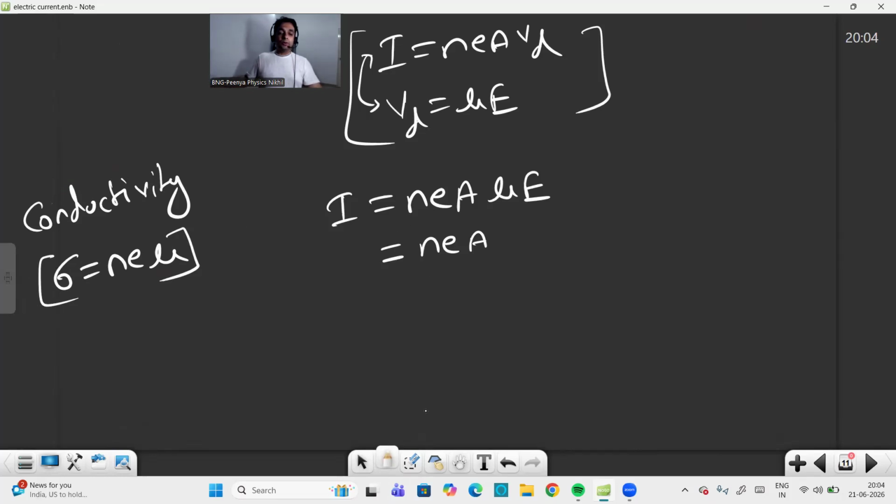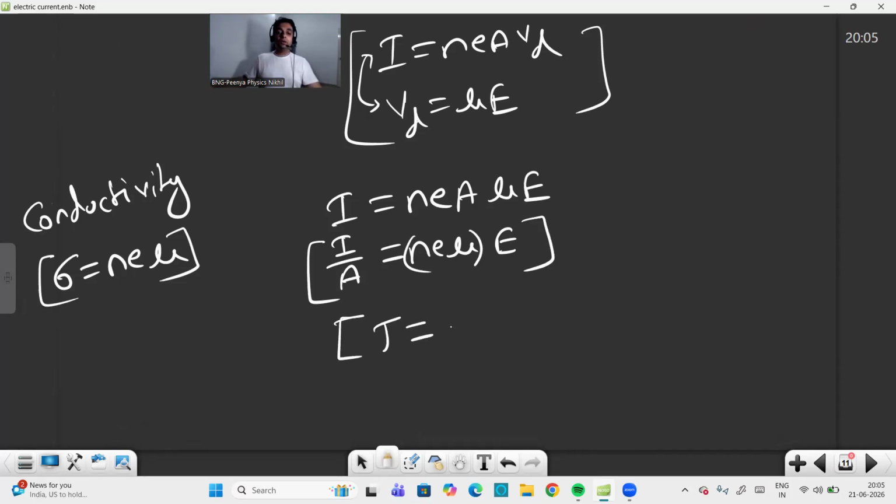Now, the A I will take to the other side. This is I divided by A, so this is ne mu into E. So finally, I by A we can write as current density J. J equals sigma into E. Correct?